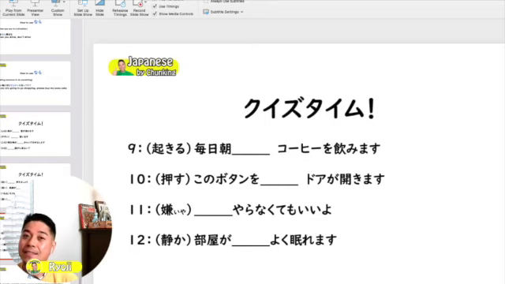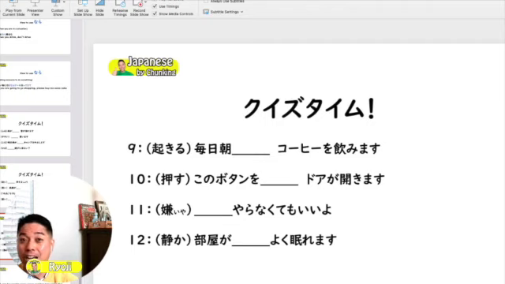Okay, the last question, number 12. 静か。静か means quiet. 部屋が静か。よく眠れます。So you can sleep well.